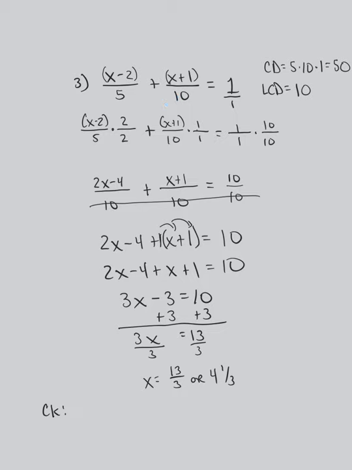So make sure to use parentheses, at least in those numerators. So you're going to have 13 divided by 3 minus 2, close those parentheses and then over 5. And again, you can use parentheses here if you're not sure if you need them. That'll cover your bases. In this case, just using the 5 is fine, whichever way. And then plus parentheses 13 over 3 plus 1, and then divided by 10.